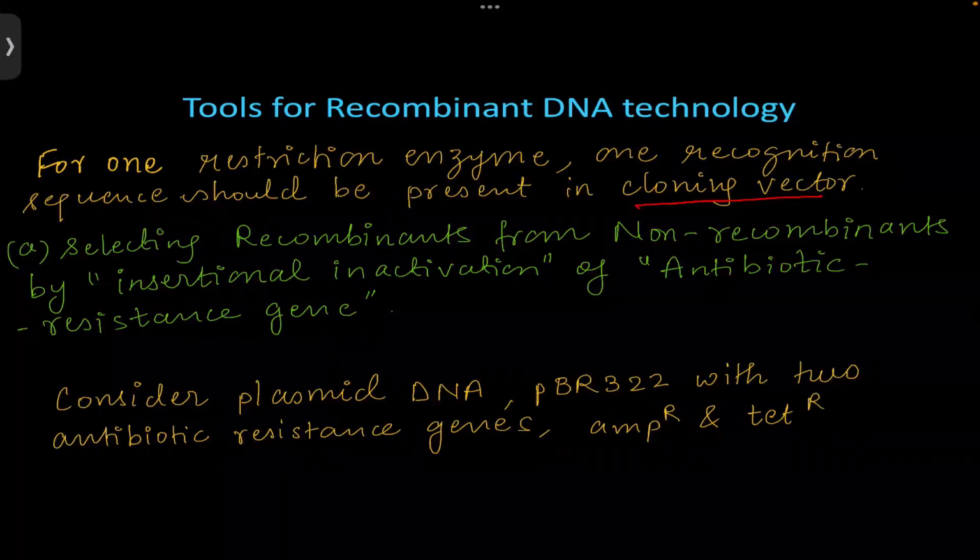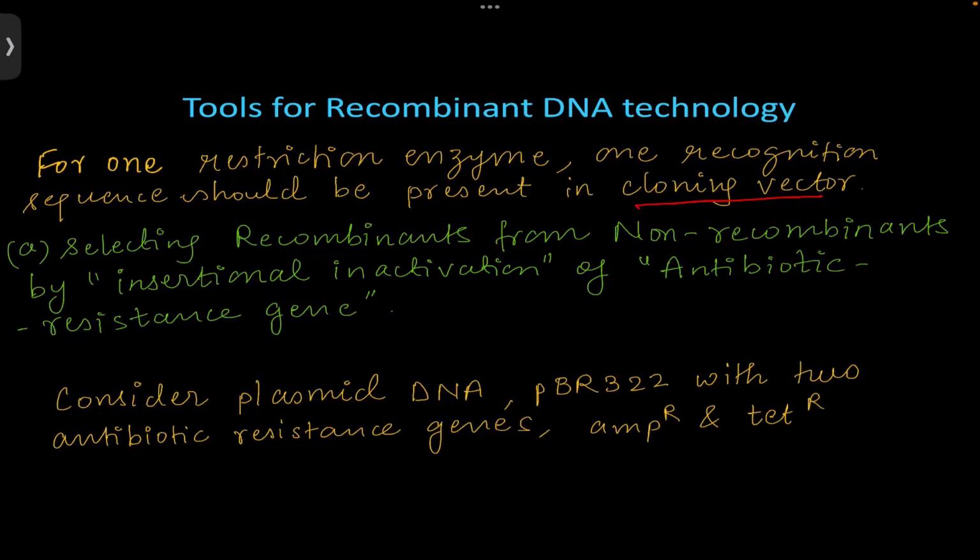Two parts are easy to handle because you will then insert your foreign piece of DNA in between the two parts and ligate. But if it happens to be 4 or 5 fragments, then the sequence in which they will be ligated with each other may change the ultimate meaning of that vector DNA altogether. So that's why only one cloning site should be there, which will correspond to one restriction enzyme.